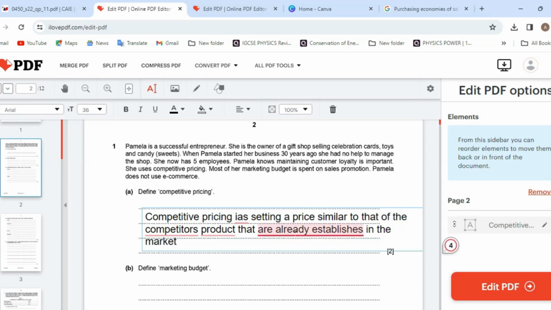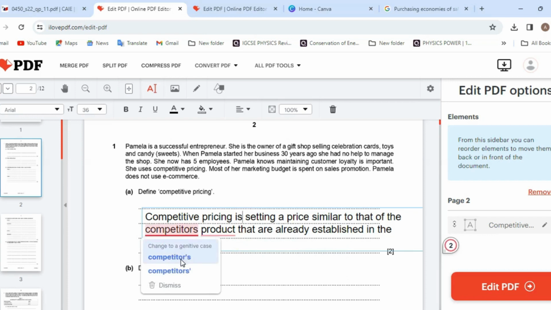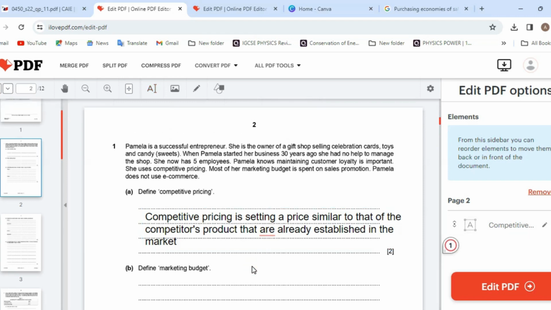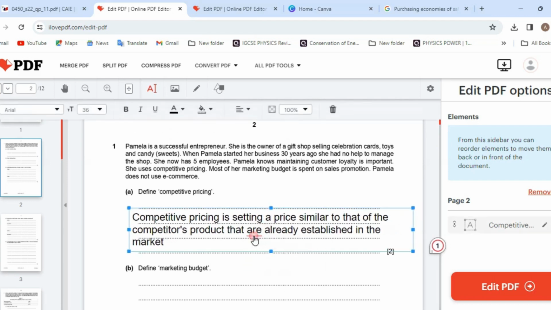Now we have defined our competitive pricing. You can also say any product is priced in line or just below a competitor's price. It is also known as competitive pricing.